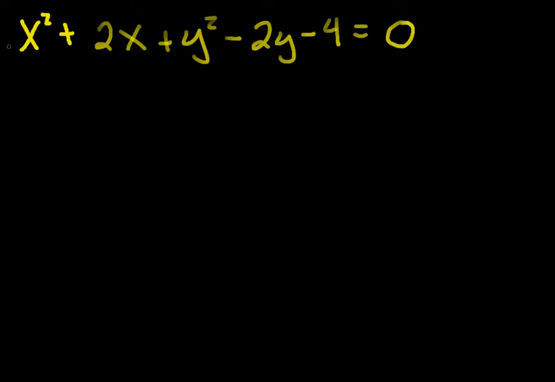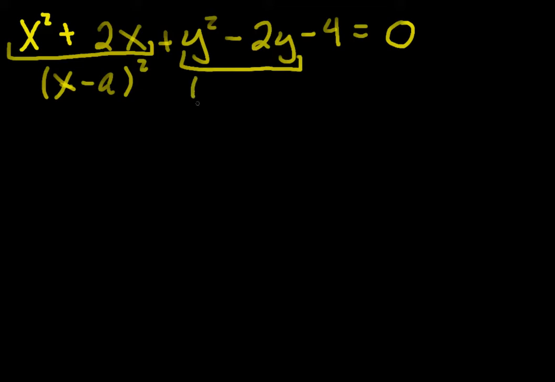Because really I want to collect all my x terms and add something, so this looks like x minus a squared. And I want to collect all my y terms and add something, so this looks like y minus b squared. And that's exactly what completing the square does for us.